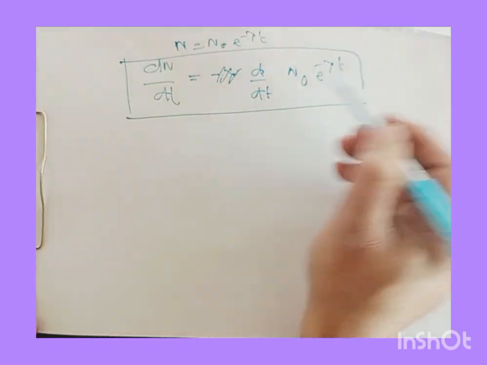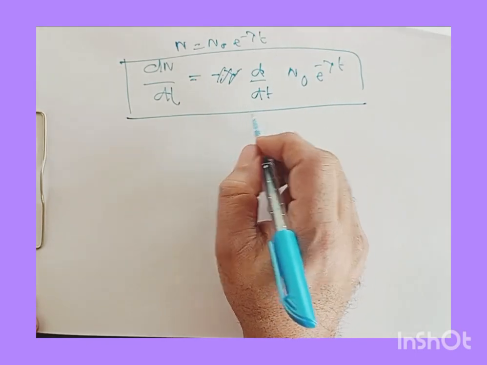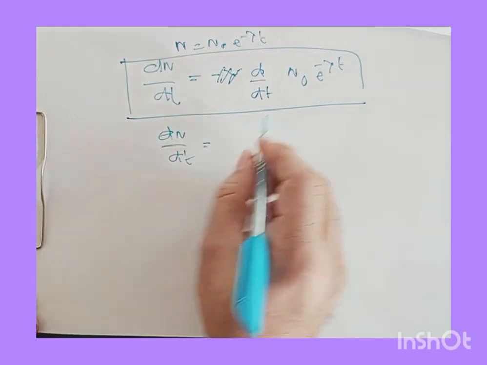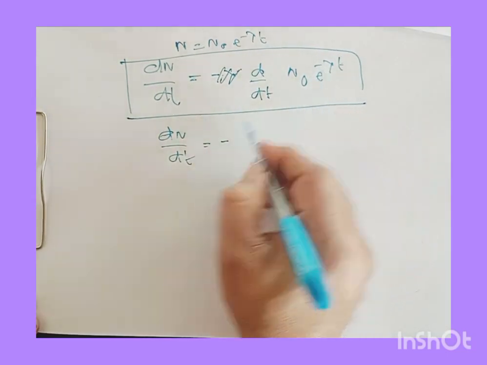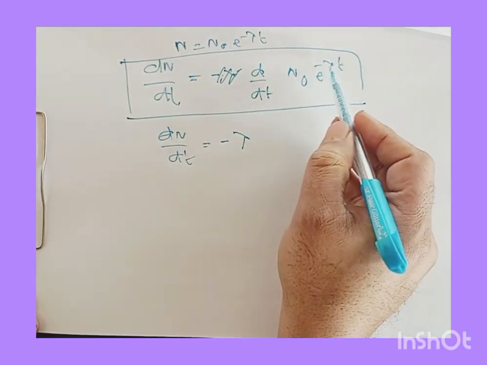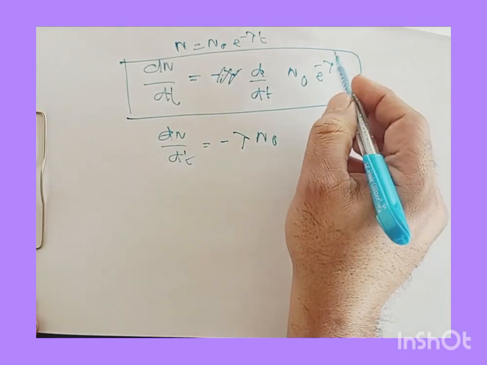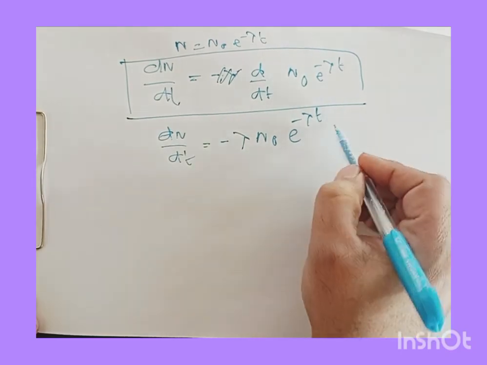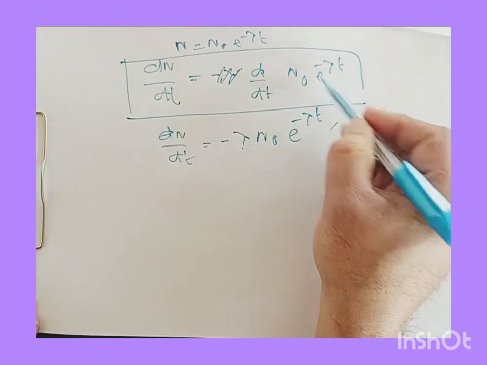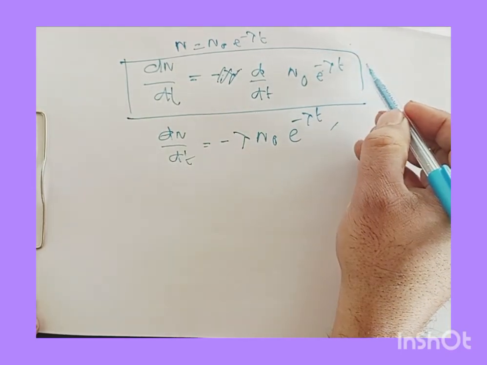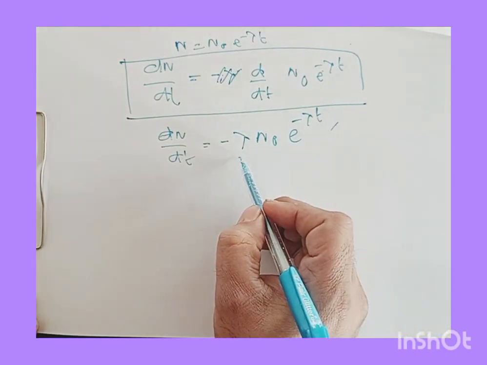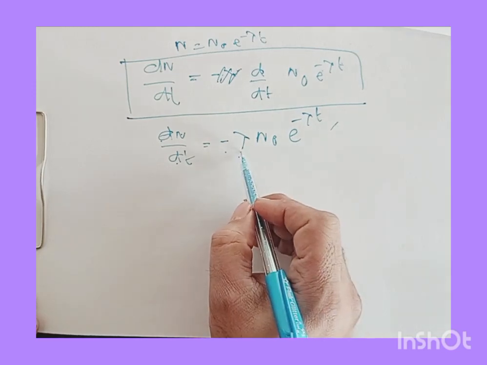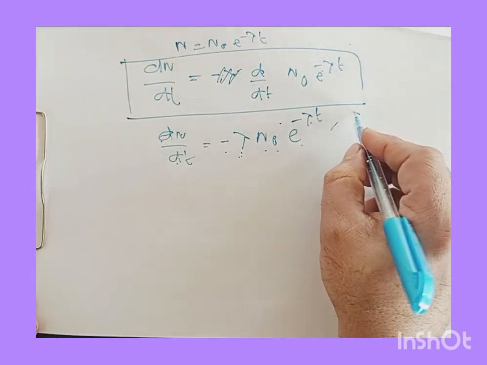The differentiation of an exponential function gives the exponential function, multiplied by the internal derivative of minus lambda t with respect to time, which is minus lambda. So dN by dt is minus lambda N naught e to the power of minus lambda t.